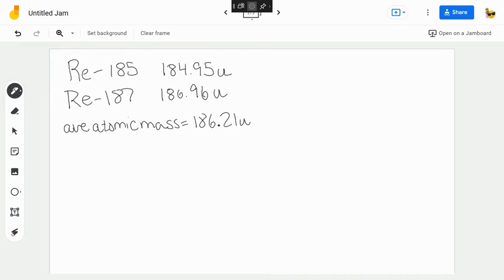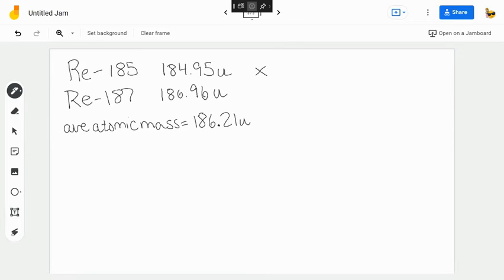Now this time they didn't give us the abundances and we have to calculate them. So this can be a little trickier, but we can still do this. We know if they gave us the percents, how much would the percents add up to? They would add up to 100. But we're using percents as decimals. So if the percents add up to 100, how much do the decimals add up to? 1. So what we know is we don't know what rhenium-185's abundance is, and we don't know what rhenium-187's abundance is.